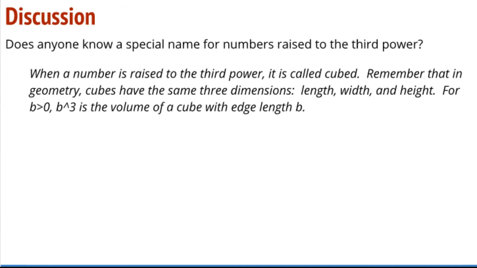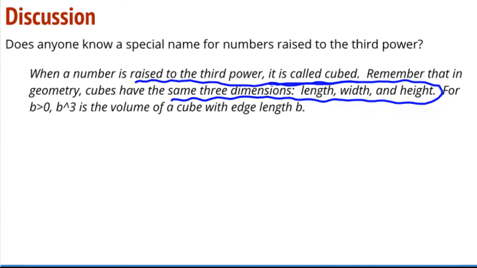So a special name for numbers raised to the third power. Well, when numbers are raised to the third power, it is called cubing. Remember in geometry that cubes have the same three: length, width, and height.